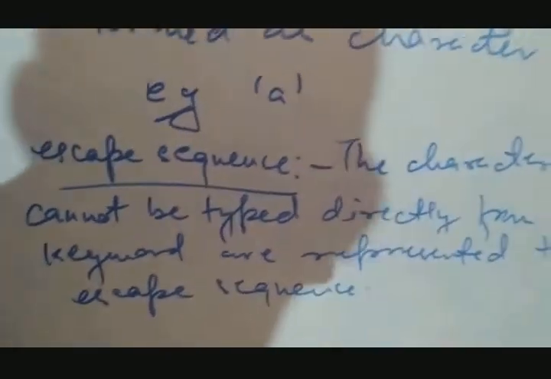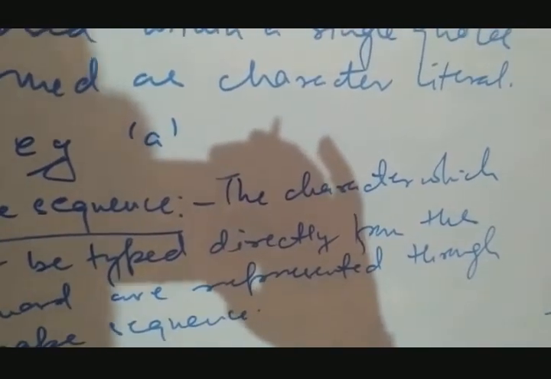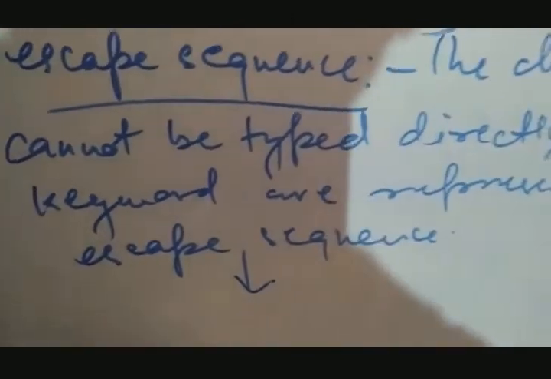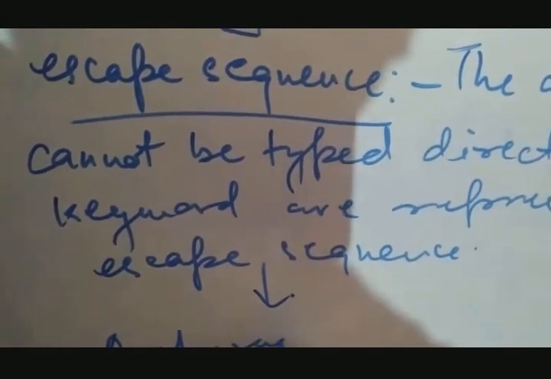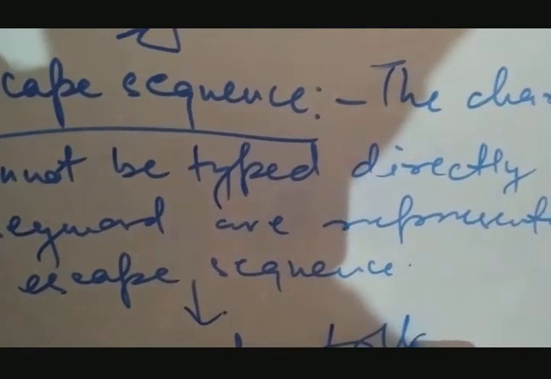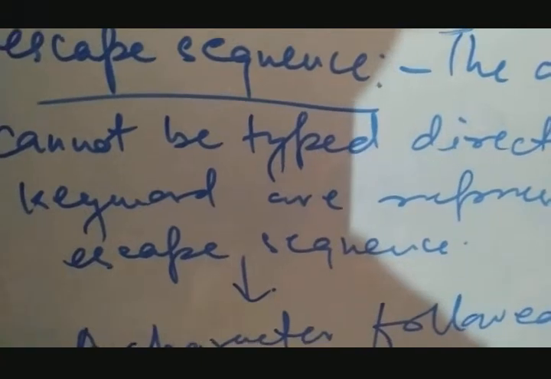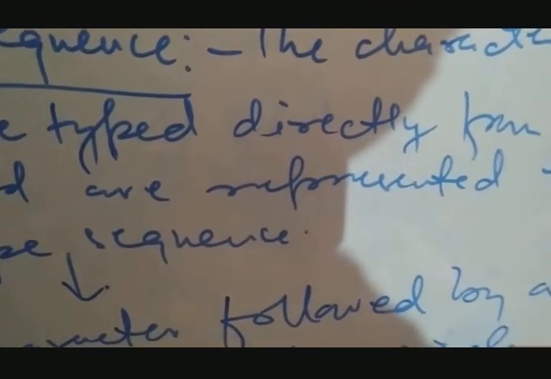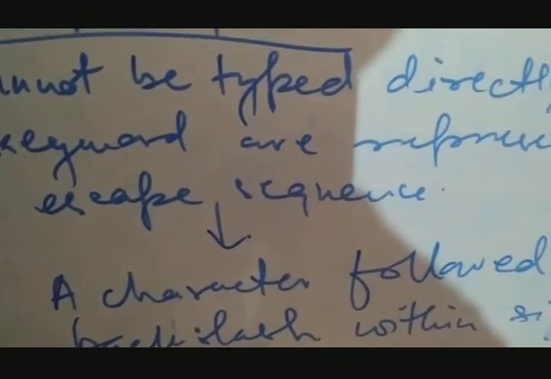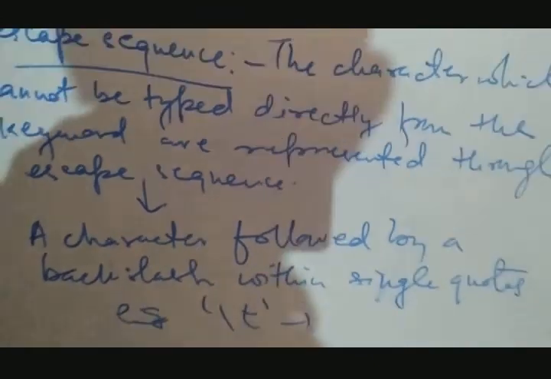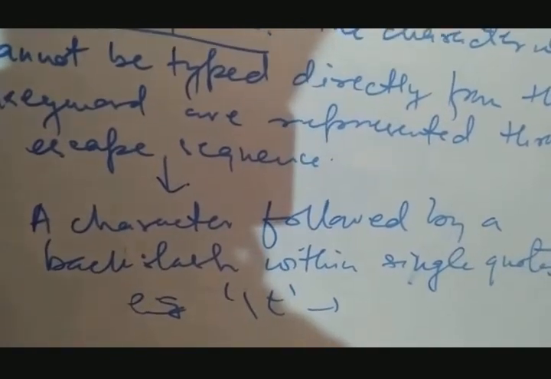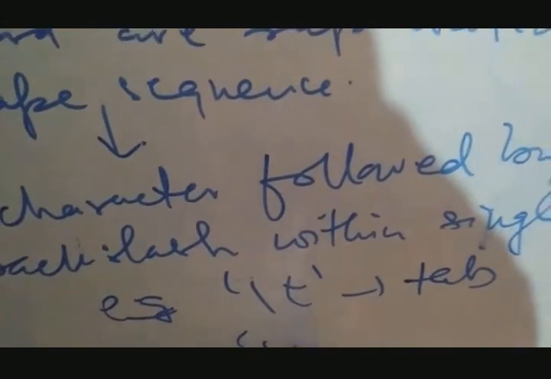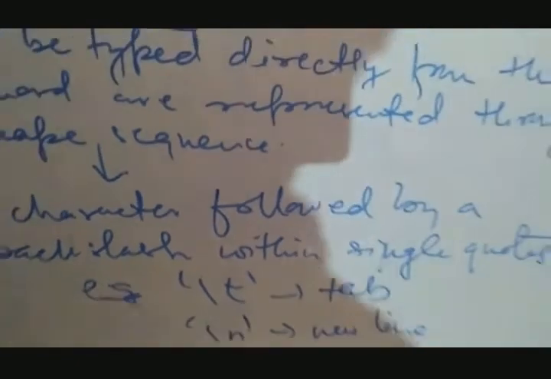Actually it is a character followed by a backslash, within single quotes. Example: backslash t is a tab, backslash n is a new line. This is an escape sequence.